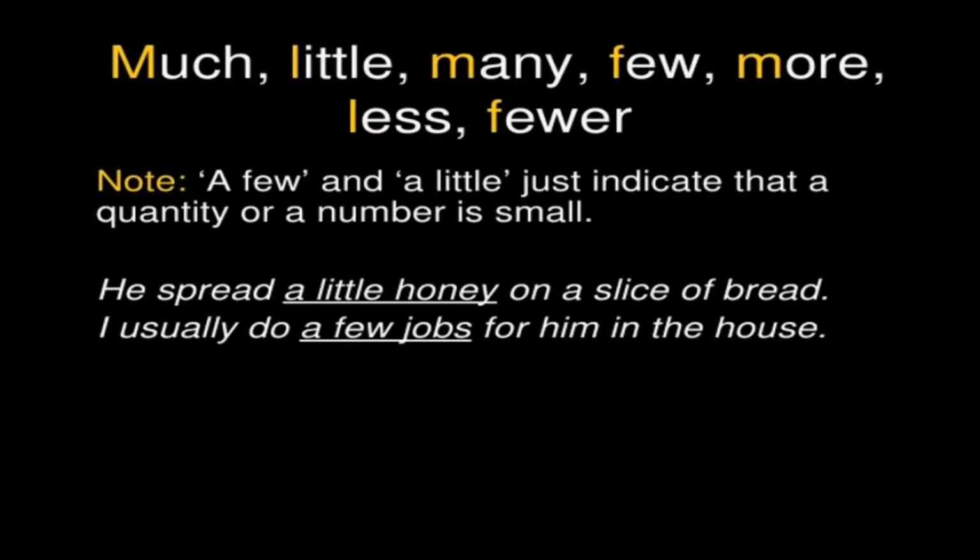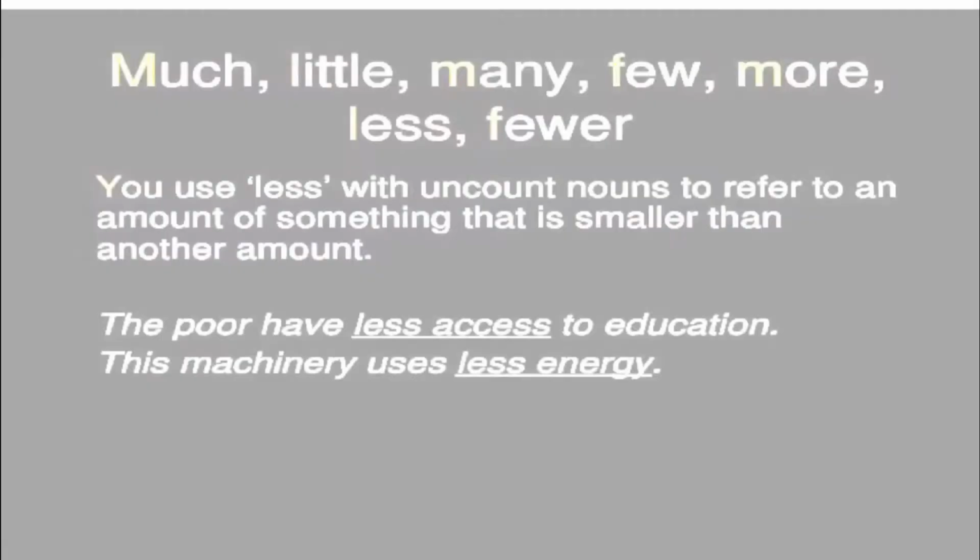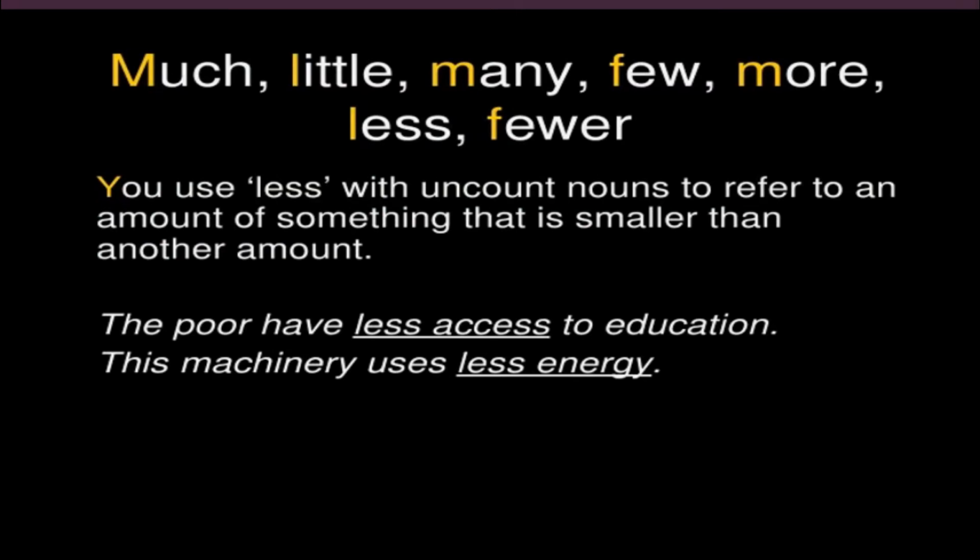And also, you have to use less with uncount nouns to refer to an amount of something that is smaller than another amount. For example, the poor have less access to education. Los pobres tienen menos acceso a la educación.